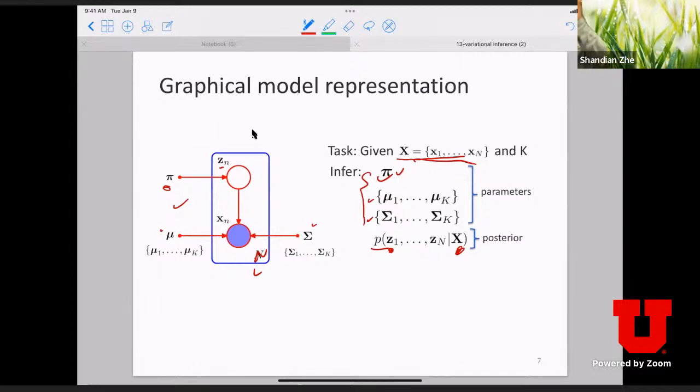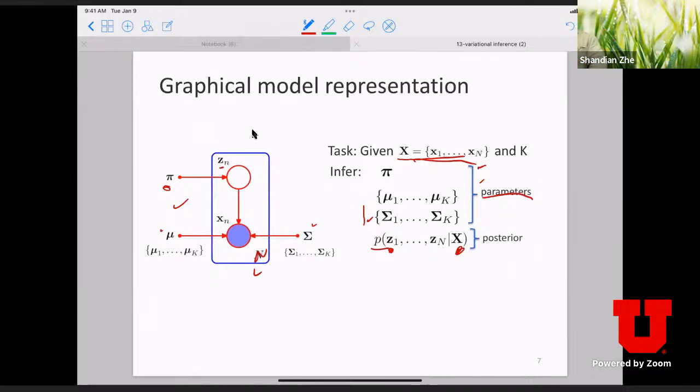So here we have two tasks in learning. First, identify the parameters, including the probability vector and the Gaussians. And second, we want to identify the posterior distribution of those cluster memberships for each data point. And of course, someone might argue, why wouldn't we assume pi and mu 1 to mu k, sigma k are also random variables?